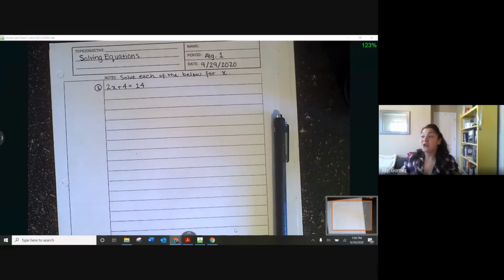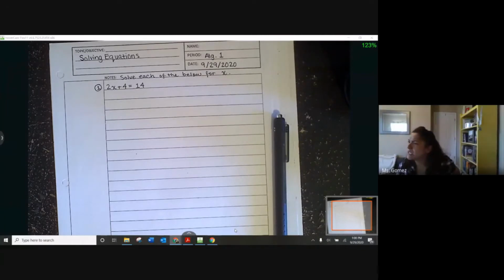Okay, how about this? Who has no idea how to solve for x? Either type me here, what's x, or unmute and say, I don't know. You have to split it down the middle. Put it between the equal sign, the line. Okay.